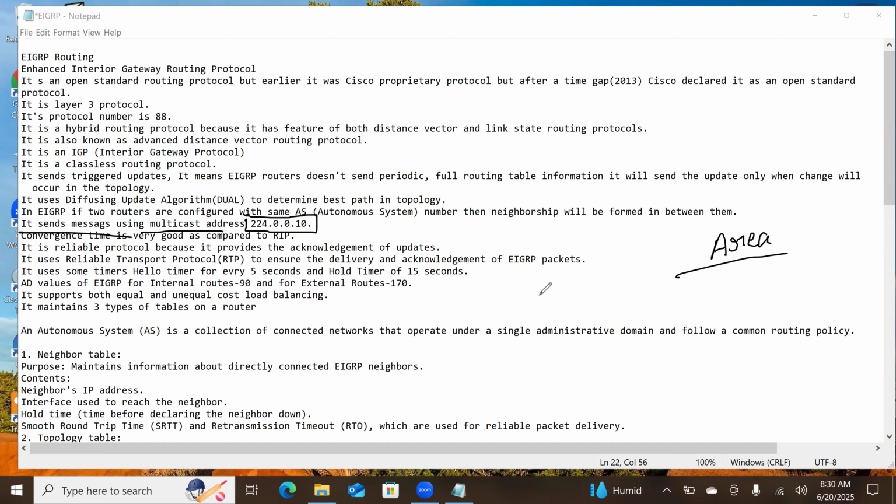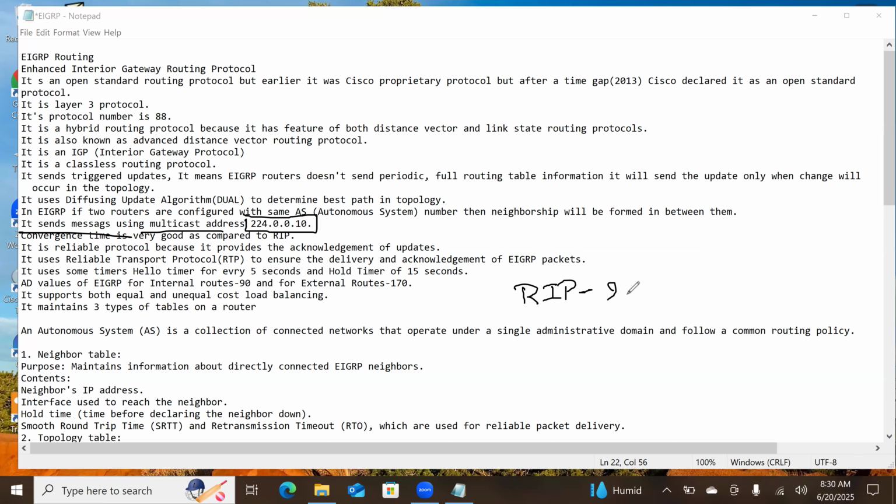Now tell me, what is the multicast address we use in the RIP protocol? Then what about OSPF?